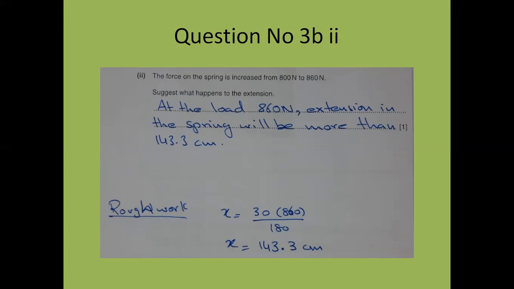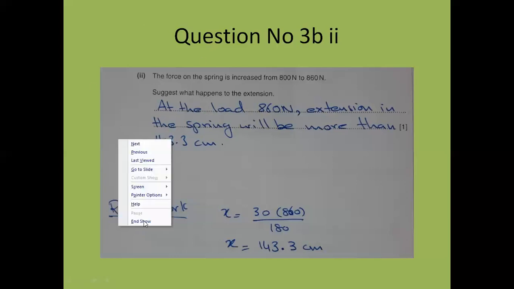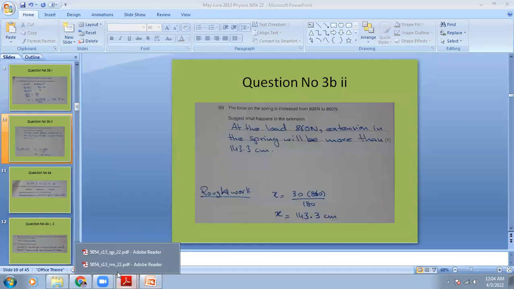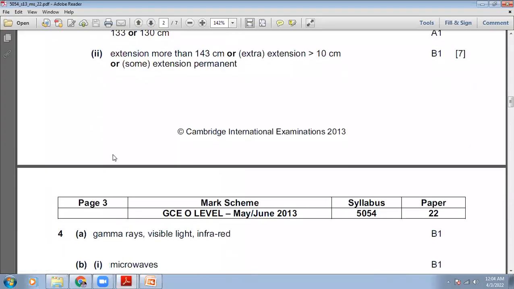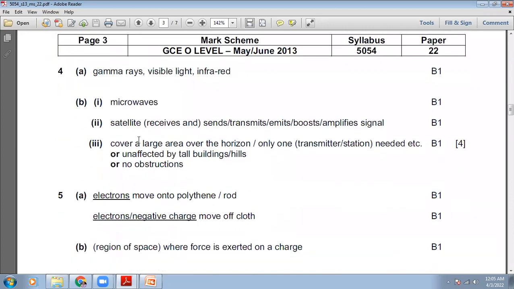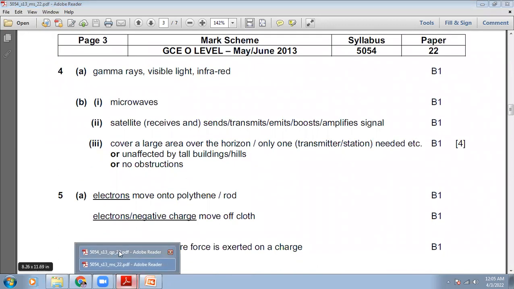So the extension produced when you apply 860 Newton load will be much more than 143.3 centimeter: extension more than 143 centimeter, or extra extension greater than 10 centimeter, or more extension and permanent extension. Okay, so that was our answer.